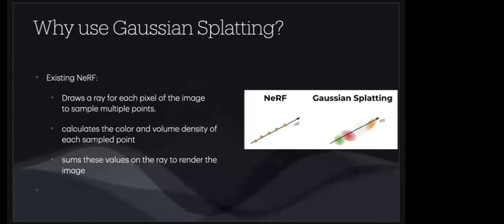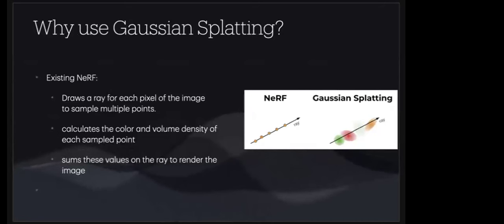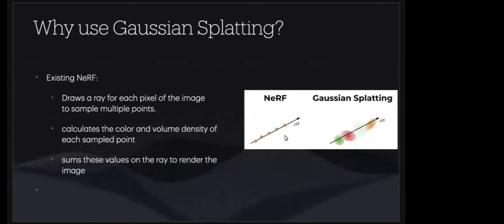Okay. So let's look at this particular part: why are we actually using Gaussian splatting? Because before this there were many techniques called NeRF, and NeRFs perform really well. So imagine that you're drawing some image, and you're looking at that object from a distance.